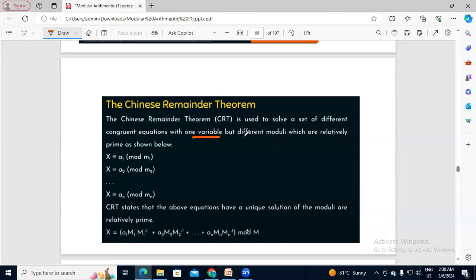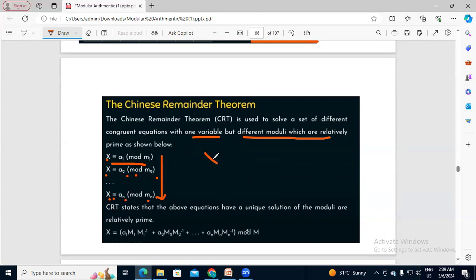With one variable but different moduli, which are relatively prime. With the definition alone it will not be clear, but I am quite sure that with an example it will be more clear. If the equations are x is congruent to a1 mod m1, x is congruent to a2 mod m2, up to x is congruent to an mod mn, what is common here?